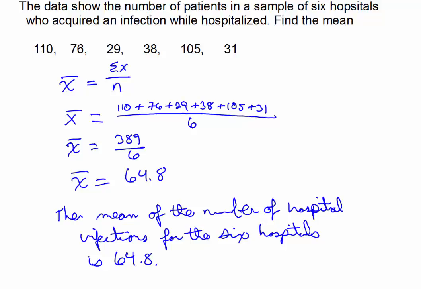Now if you do this in your calculator, you're not going to get exactly 64.8. When you do it, you're actually going to get 64.833333. So what we do when we're talking about the mean, we want to talk about the rounding rules.